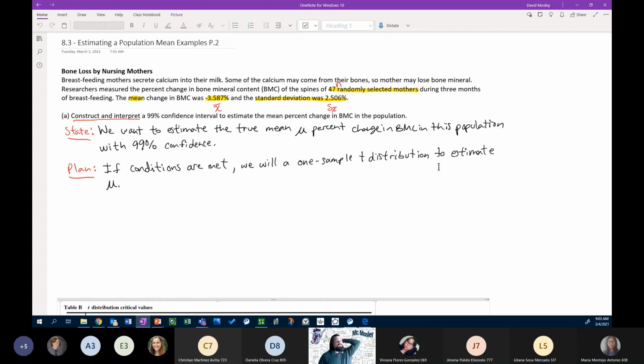Now, the only reason I can use mu in this sentence is because I said what mu is in the previous statement. If you did not use mu in the previous statement, you would just write the word mean here. Not a big difference, but it's an important one.